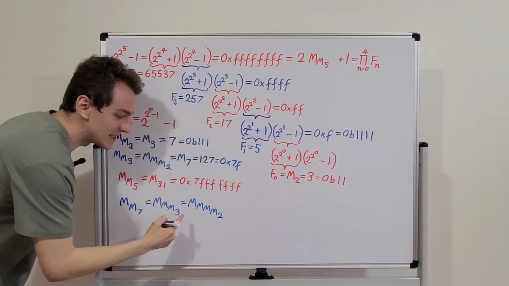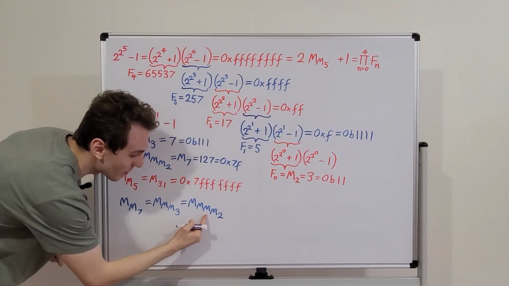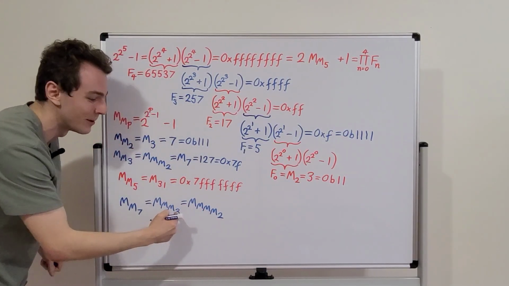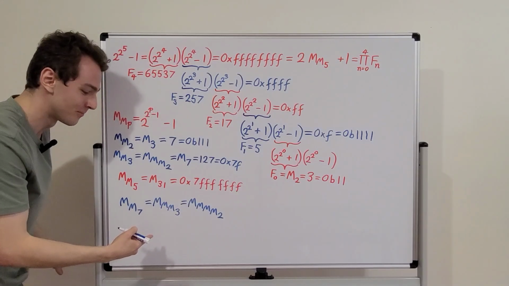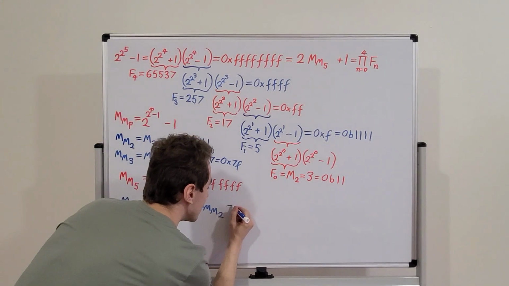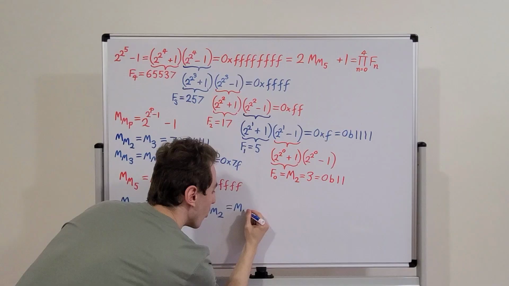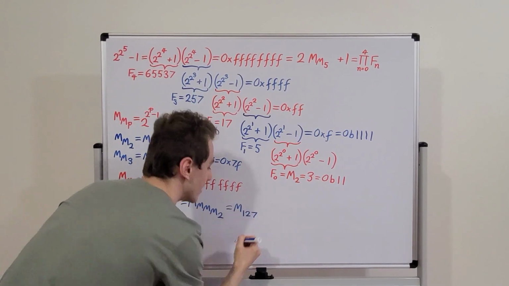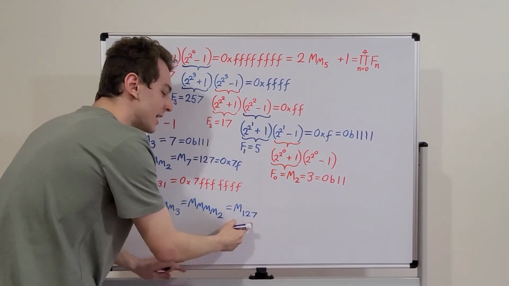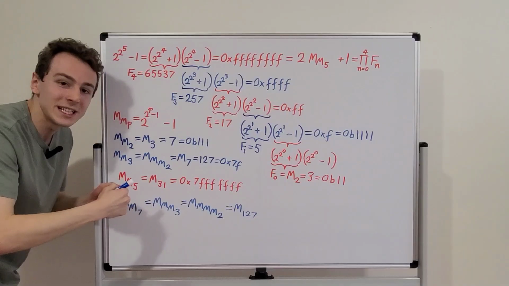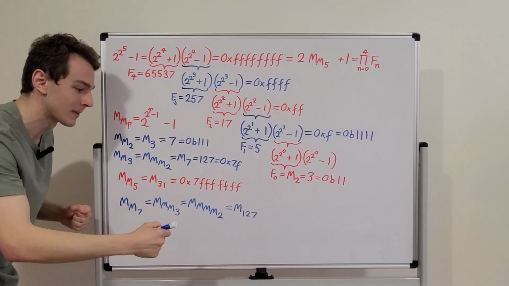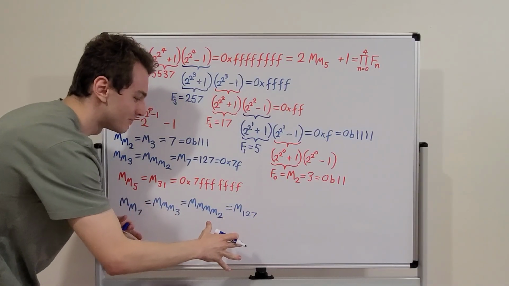So it's a Mersenne prime within a Mersenne prime within a Mersenne prime within a Mersenne prime. It's a very interesting pattern. And we can also write this as m sub 127. So in binary, this would be 127 ones. It's a very large number.